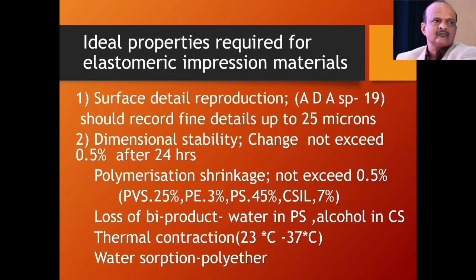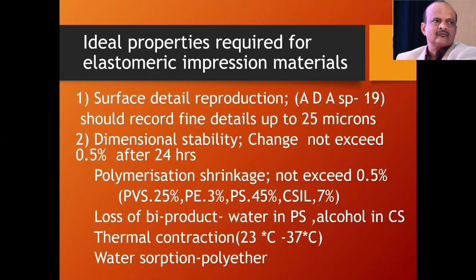According to ADA specification 19, fine details up to 25 microns should be recorded. And as the viscosity increases, the surface detail reproduction decreases. Light body records a fine detail up to 25 microns.